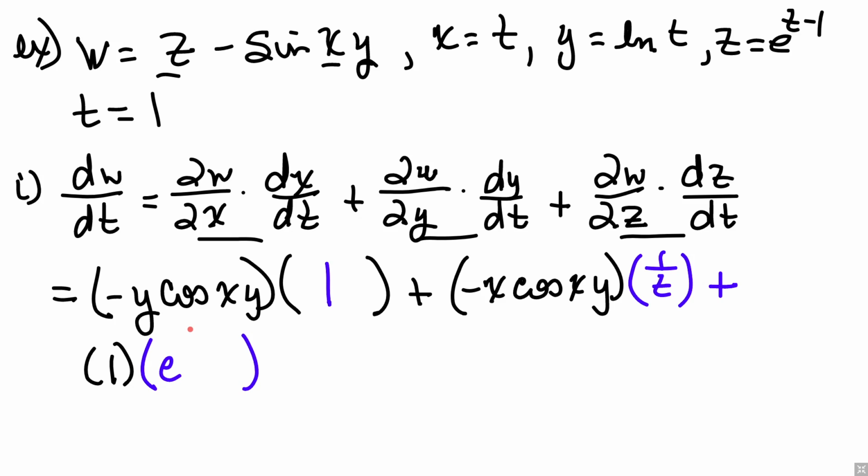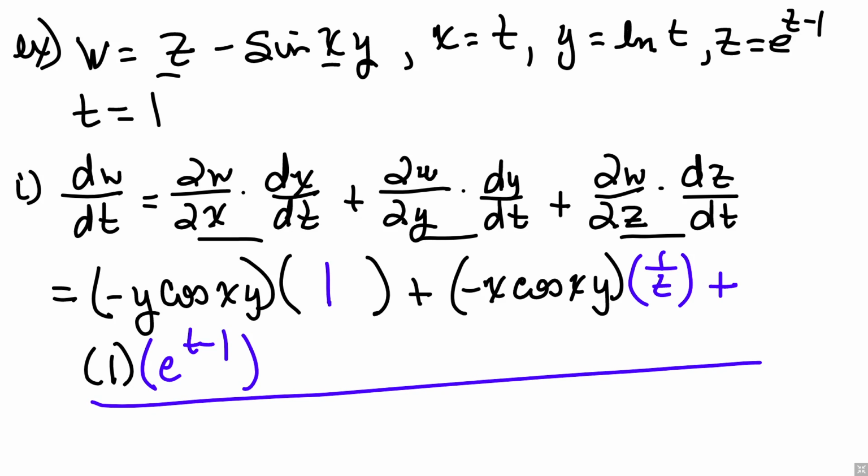We get e to the t minus 1. Now technically this is the answer, because we have done that. We're going to leave it in this form. I'm not going to convert it over.